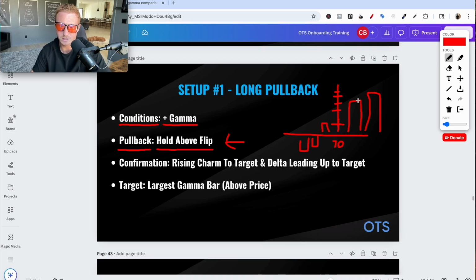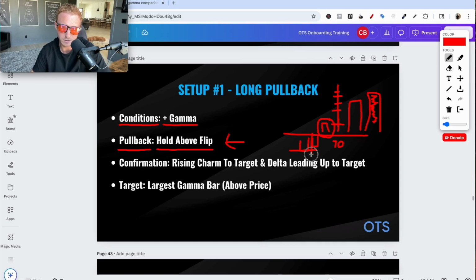Let's say this is the tallest bar, so this is our magnet area up here. What we want to see is price at least hold this flip zone. This is our pullback level that we need to hold in order to not go negative, because once we go negative, we're probably going to go down quick. Once it flips, it usually flips quick.